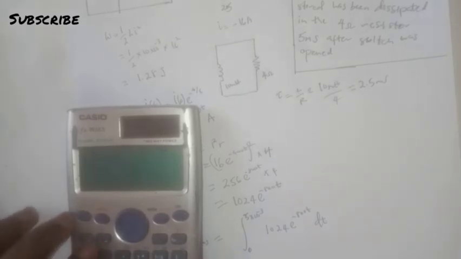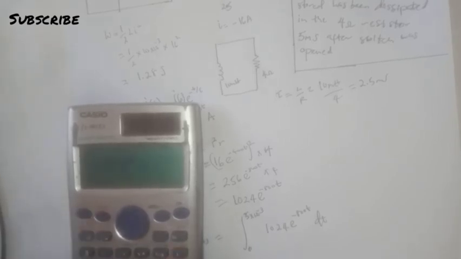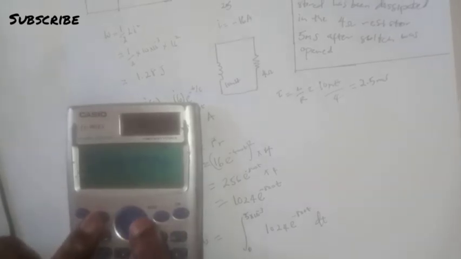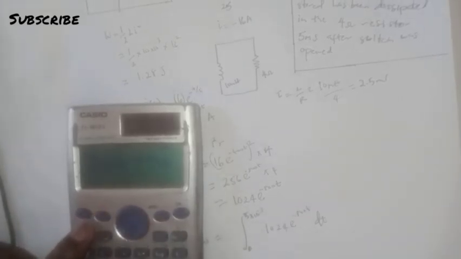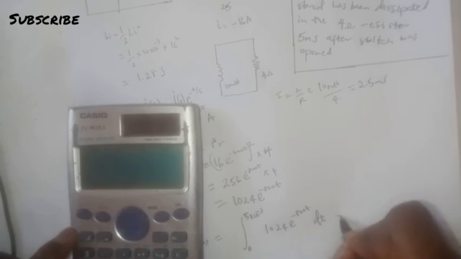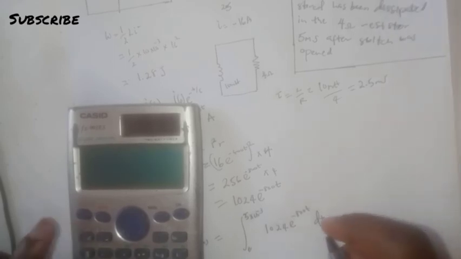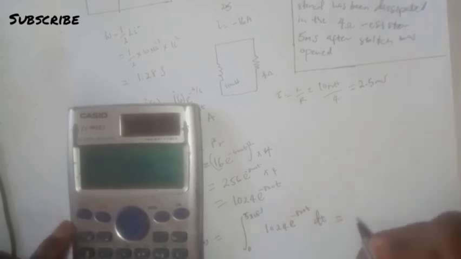We enter the integral of 1024 e raised to the power minus 800 t, from 0 to 5 times 10 raised to the power minus 3. That will give us, we're just going to have to wait a while for the answer. 1.256 joules. Let's round that up to 1.26 joules.